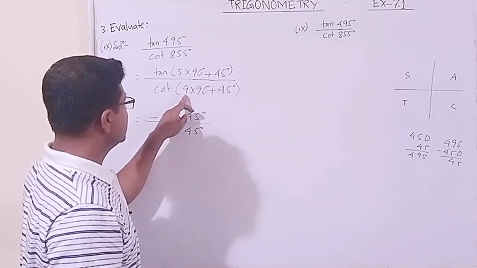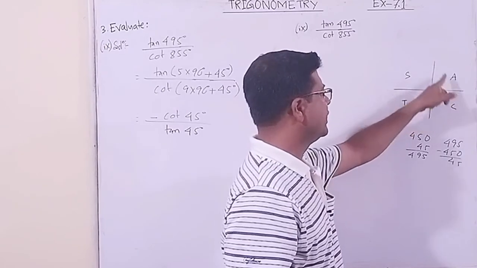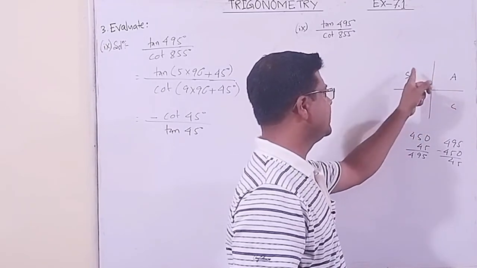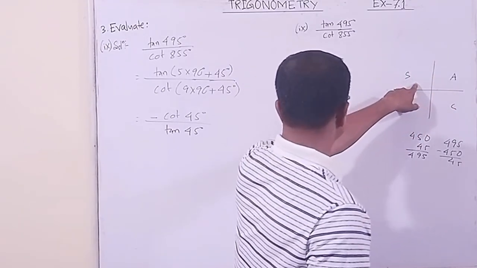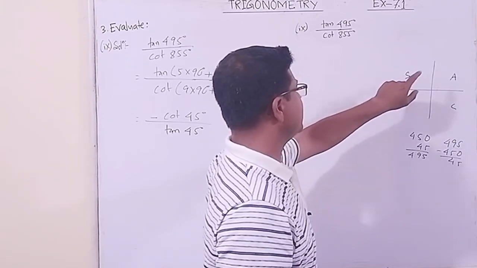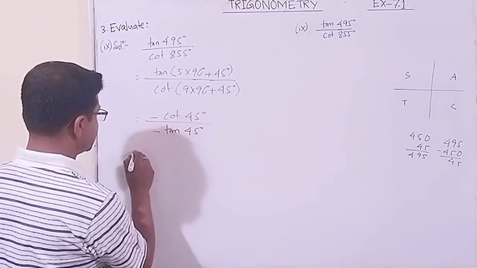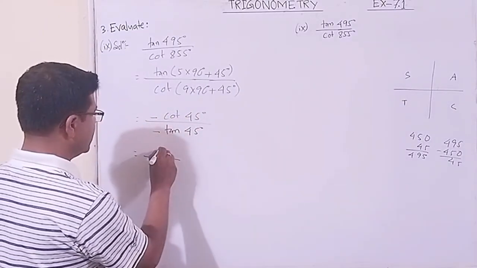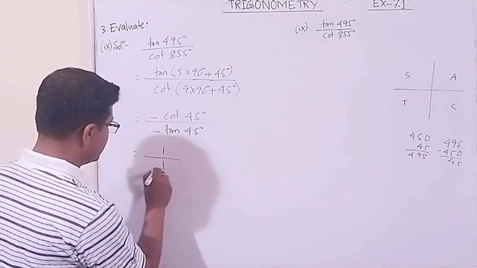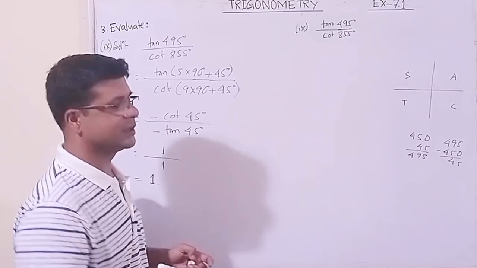About the sign we want to see. 9 plus 1, 10. 4, 8, 9, 10. Here, in the second quadrant cot is negative. Here sign is positive only, so this is negative. So minus cancel. Cot 45 is 1, tan 45 is also 1, 1 by 1 is 1. Thus we have completed today's class.